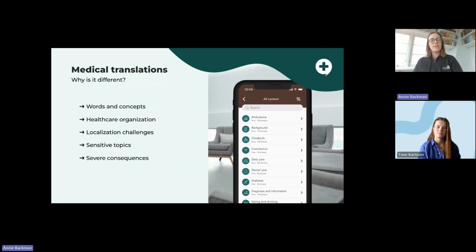So the uniqueness of our network is that they're all native speakers and they do have some kind of medical education and working experience. This makes the big difference because they're fluent in medical lingo, which other translators are not. They're just regular people who don't know all the medical terms.